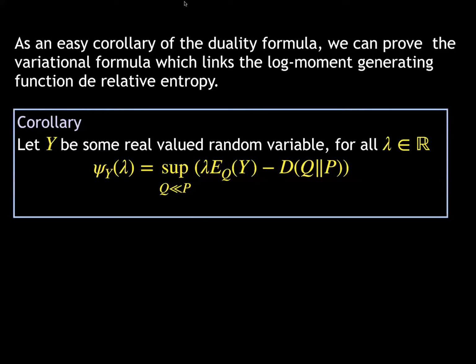This corollary, which is rather illuminating, tells you that you can express the log of the moment generating function as a sup of quantities which involve the relative entropy notion. So it relates, in some sense, the notion of moment generating function and the notion of entropy. Okay?